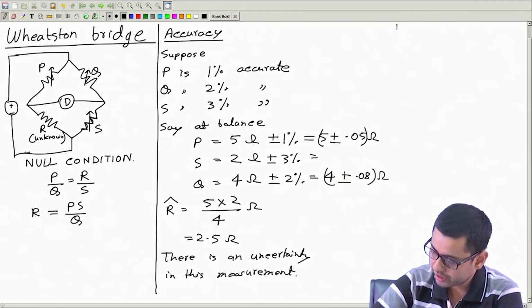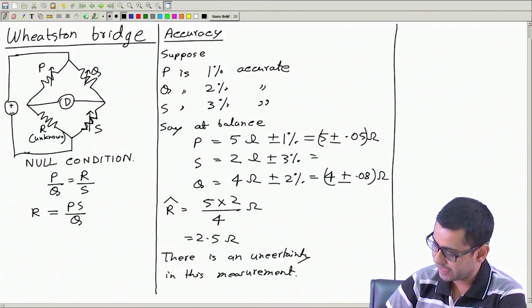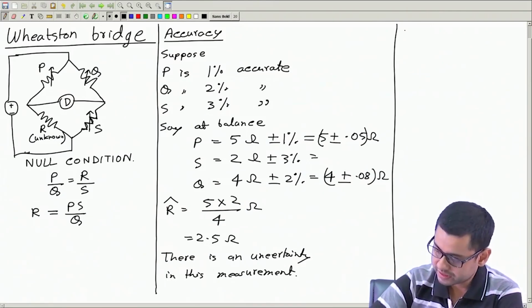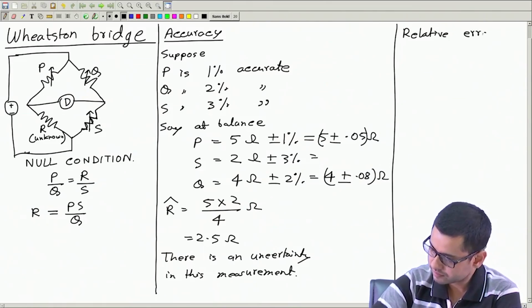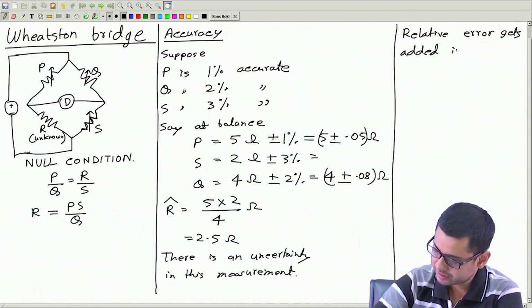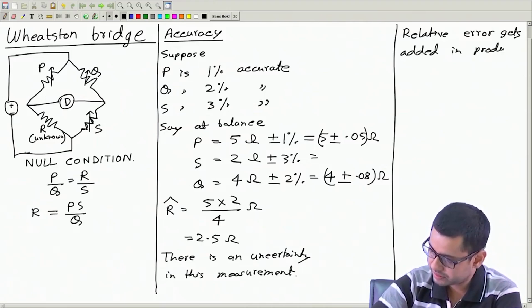If you recall, yesterday we have seen that the relative error or percentage error gets added in products and ratios.